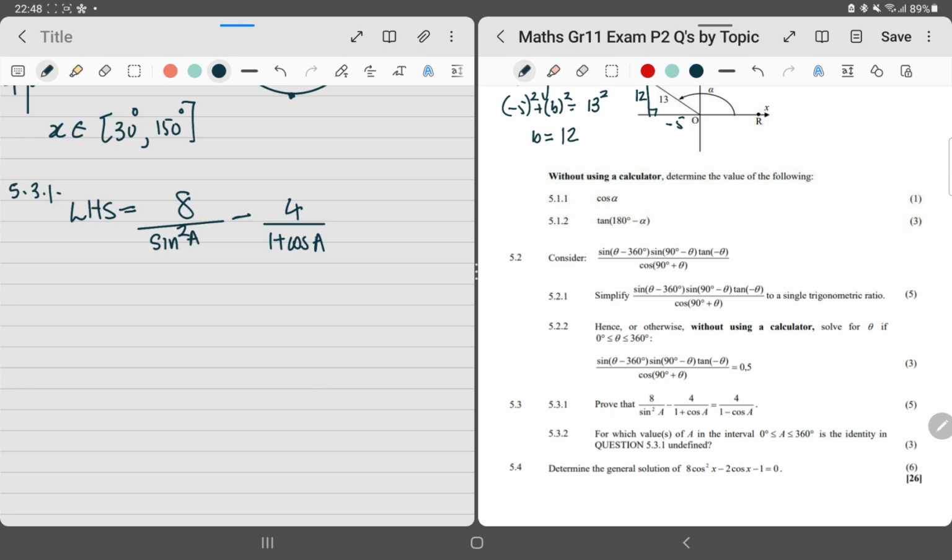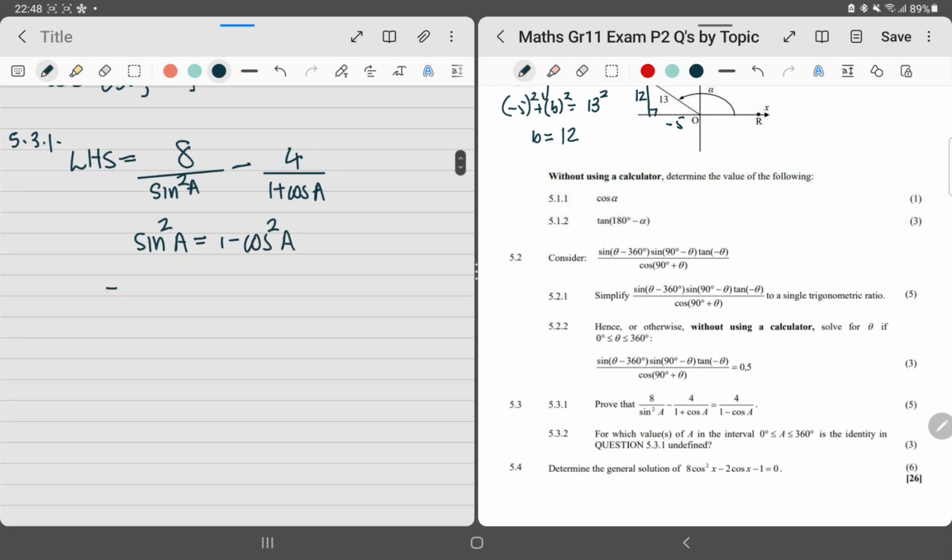I only have a cos. So I'm going to change the sine into a cos. So this is equal to 8 over 1 minus cos squared a minus 4 over 1 plus cos of a.